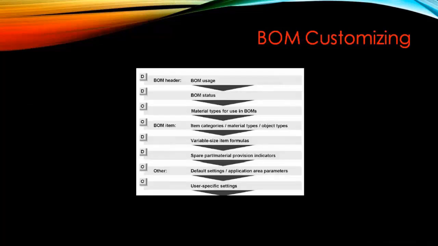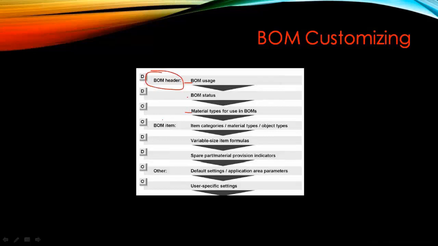As we have seen previously in the BOM chapter, a bill of material has basically two different components, and one you can call the header. Under the header you can have BOM usage, BOM status, and what material types you want to allow for the BOM. This type of setup we'll see.